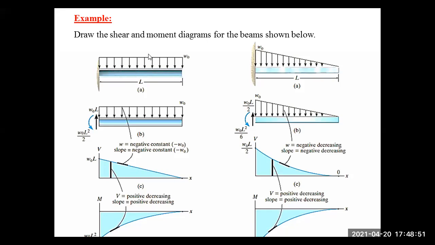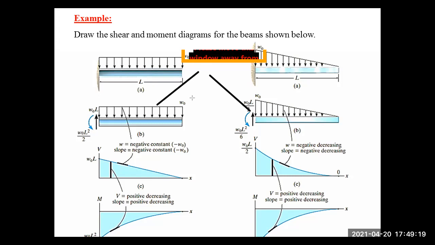Let me show you the notation. If the force is downward, negative, the slope would look like this. If the force is upward, it's positive, and it's constant, so the slope would be positive.